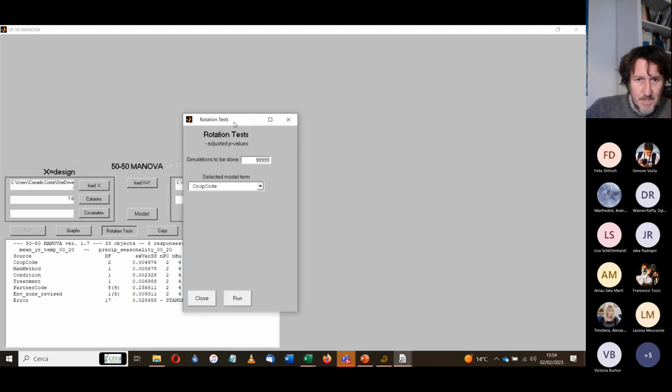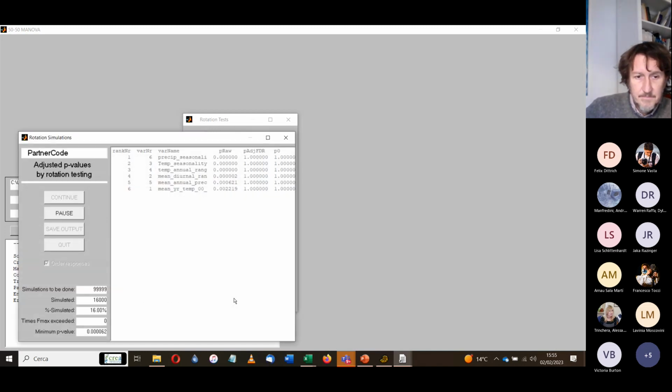We select which interaction, or in this case, which single factor we want to analyze. Partner code here. And this rotation test is made with an iterative procedure. So the simulation is conducted on how many? 100,000 trials run. It is working on this.